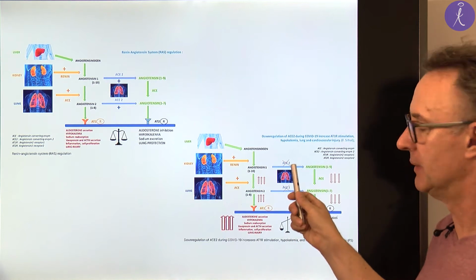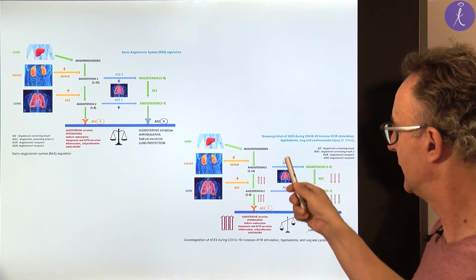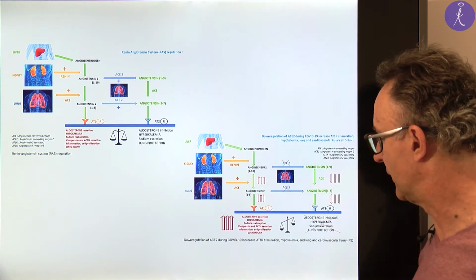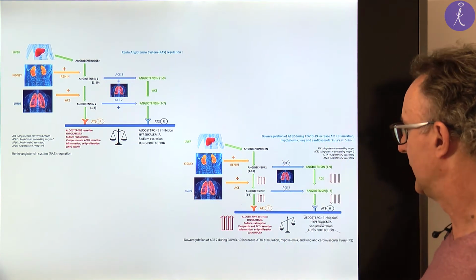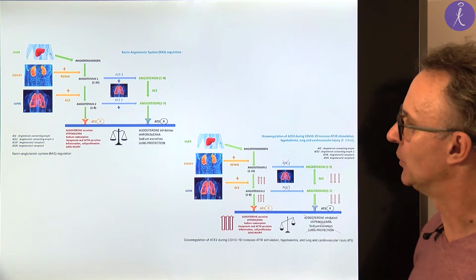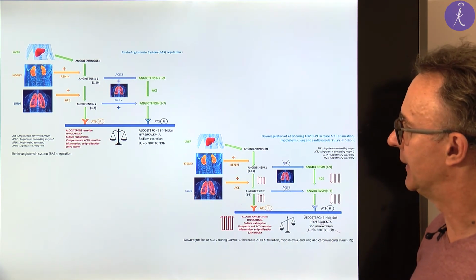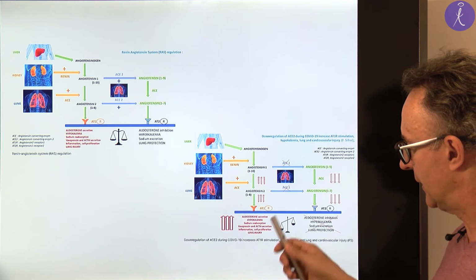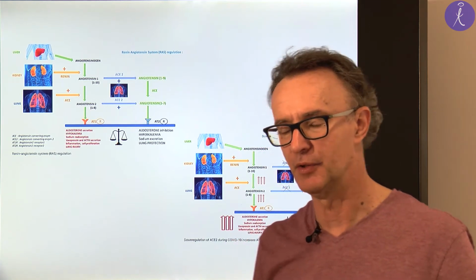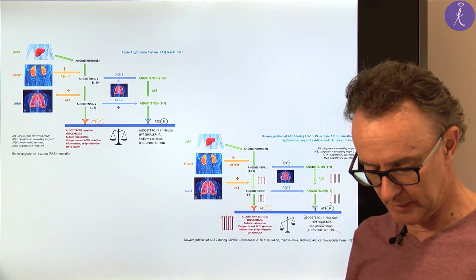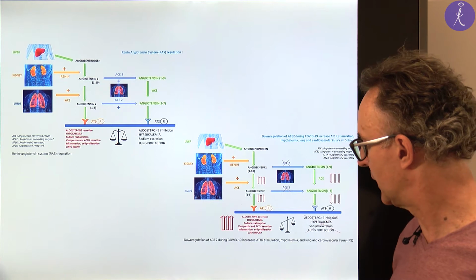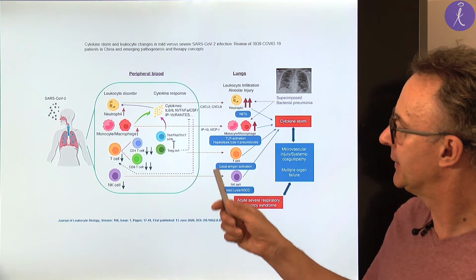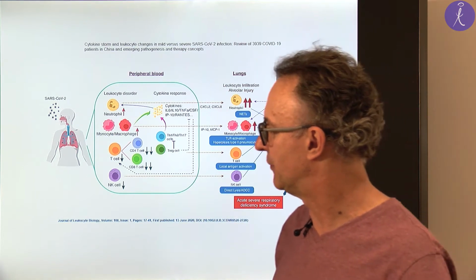But if the virus is able to target the angiotensin converting enzyme type 2, then the level will be decreased, and the balance is not normal anymore and shifted to the angiotensin 2 and aldosterone axis, and that's why the blood pressure increases, and we have several effects which are not beneficial for the organism.